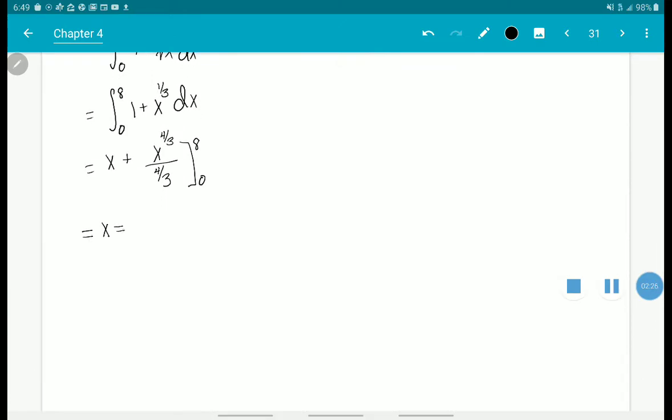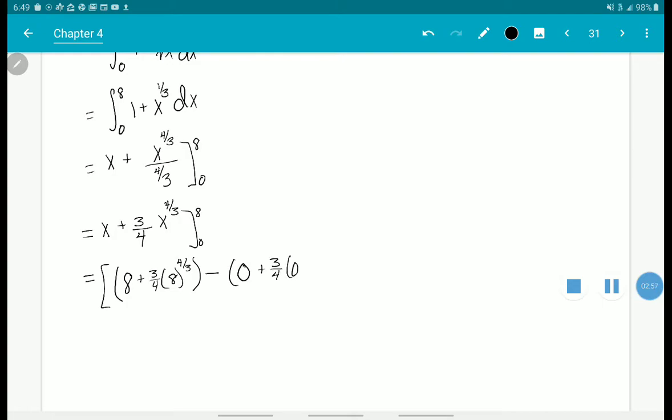Let's simplify before we try to type anything in. So that's going to become 3/4 x to the 4/3, going from 0 to 8. So if we plug that 8 in, we have that minus, and then 0 is just going to give us 0 when we substitute it in.